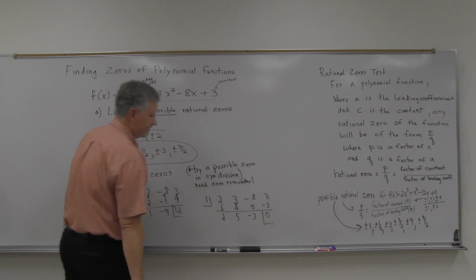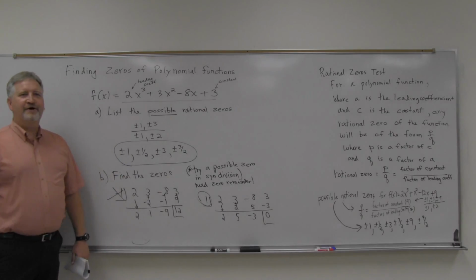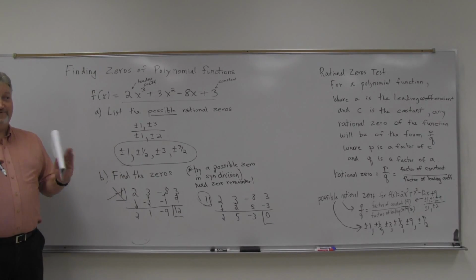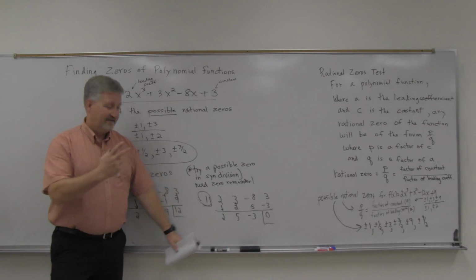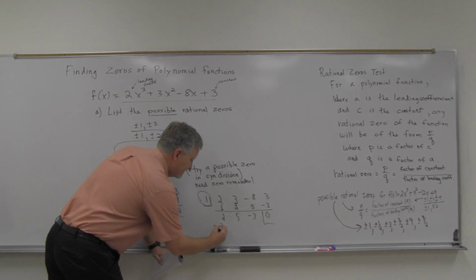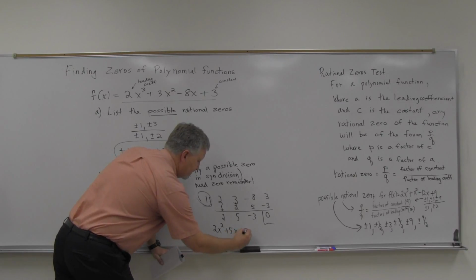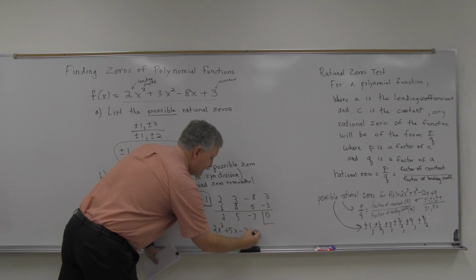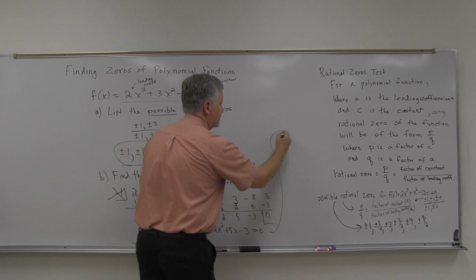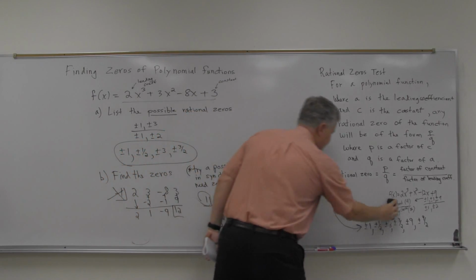Zero remainder. Yes. So we found 1, but we've also found some more, haven't we? Because what does this give me? The 2x squared plus 5x minus 3, right? Because we go down one power. Now if we set that equal to 0, that's going to give me my other zeros.